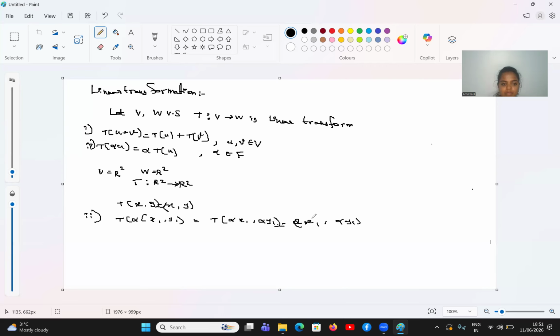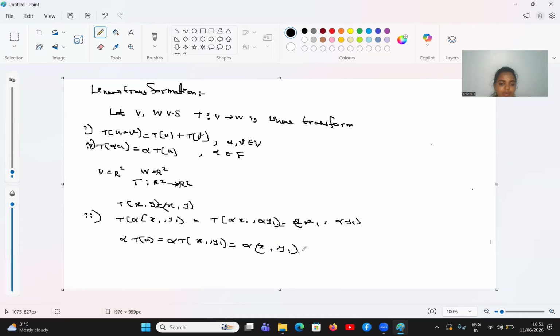And I'm going to write the right hand side. What is the right hand side? Alpha into T of u. You have taken x1 comma y1, so it equals alpha times the map of x1 comma y1.